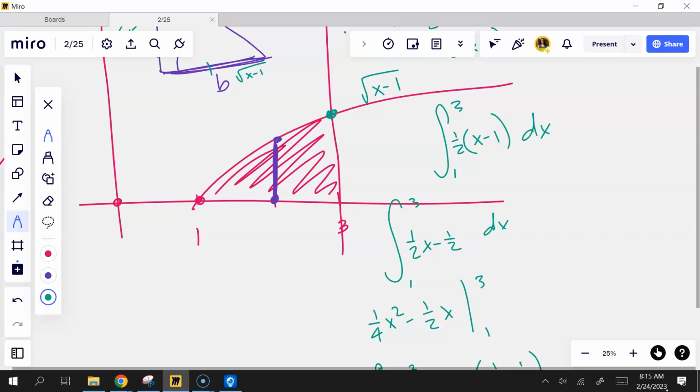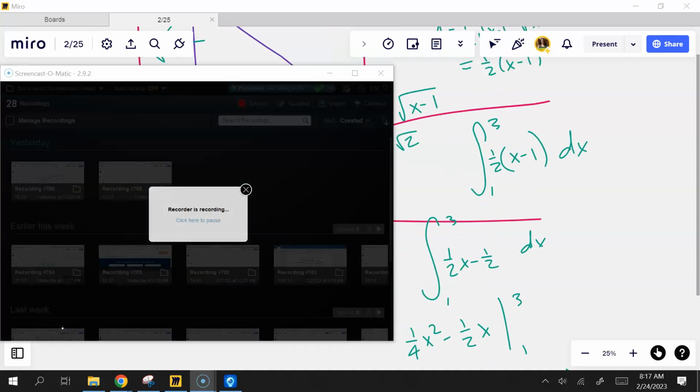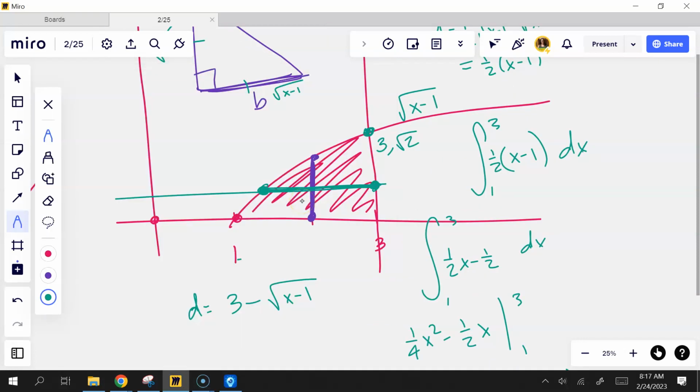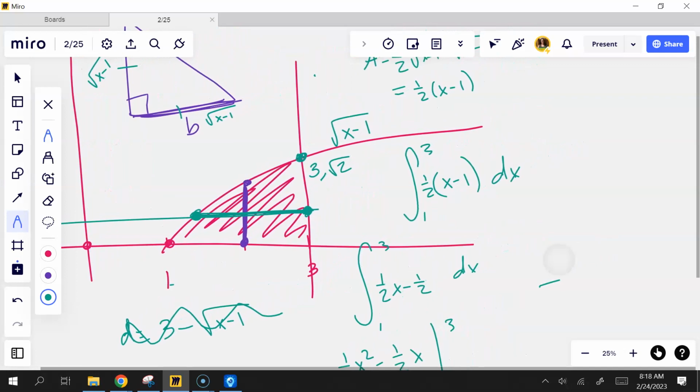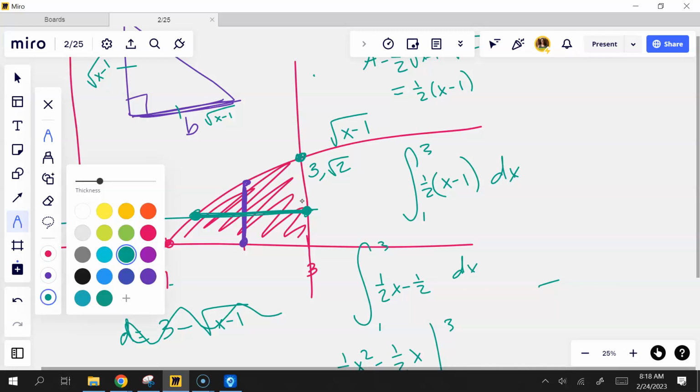First of all, I need to know this point, and I need to know this point because I'm going to do it with respect to y, so I need to know how high up to go. Okay, well, let's do it together. How about that? Let's do it together. Okay. Gosh, I would have just failed this one altogether.